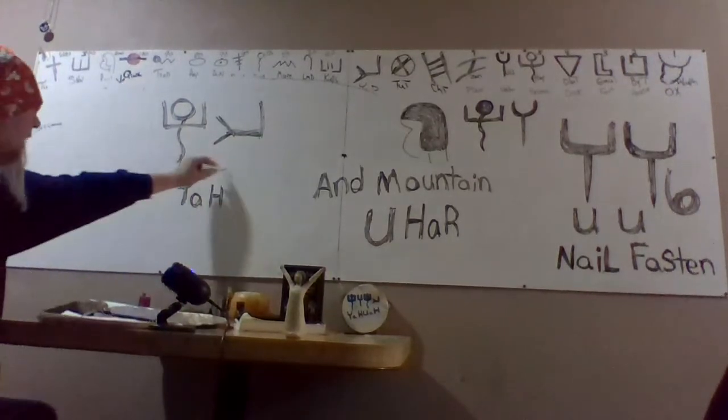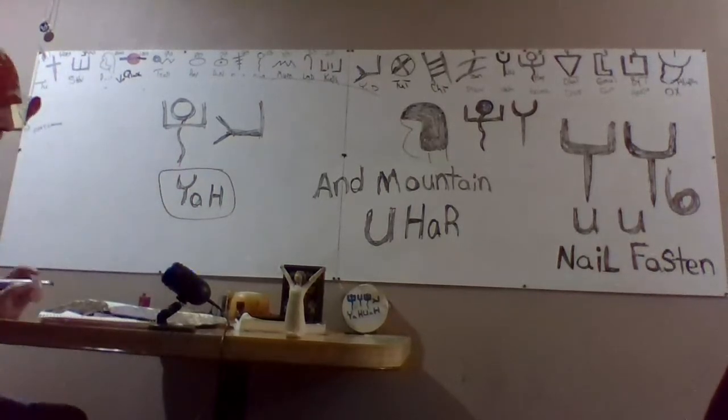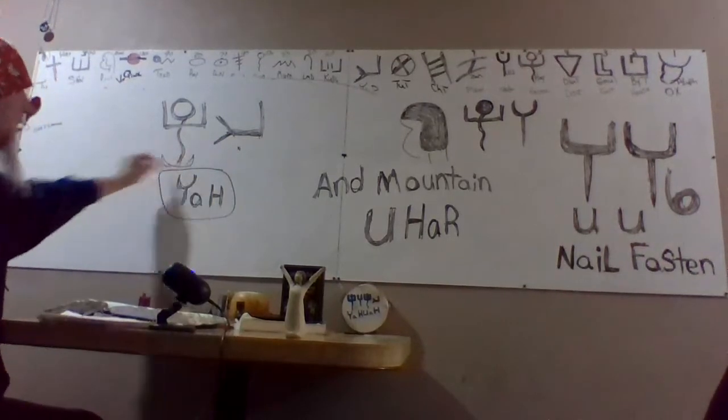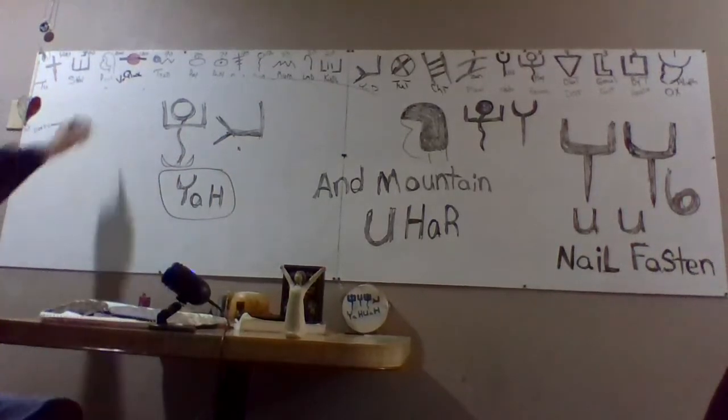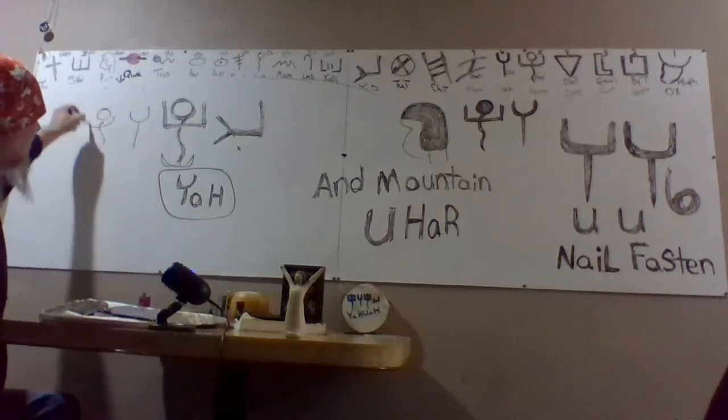We know that Yah is the name. His hand created Adam. And Hua fastened, secured Adam to his wife Kuah.